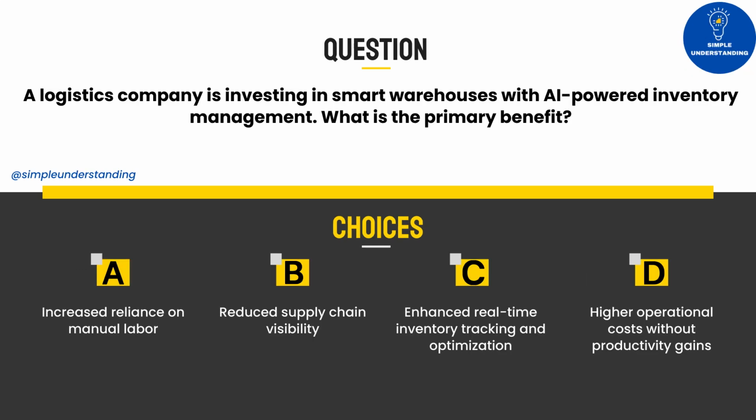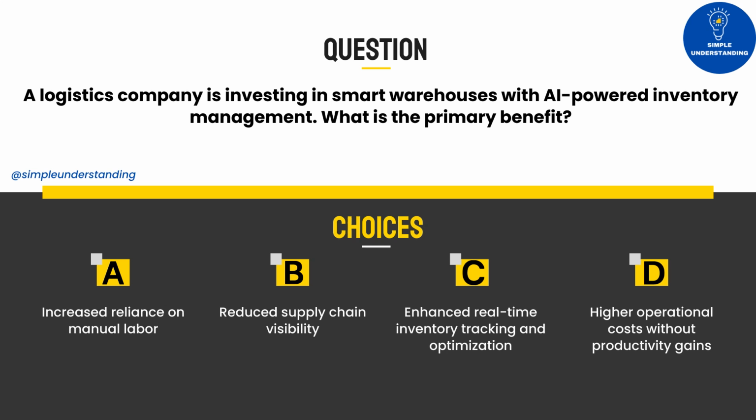6. A logistics company is investing in smart warehouses with AI-powered inventory management. What is the primary benefit? A. Increased reliance on manual labor. B. Reduced supply chain visibility. C. Enhanced real-time inventory tracking and optimization.